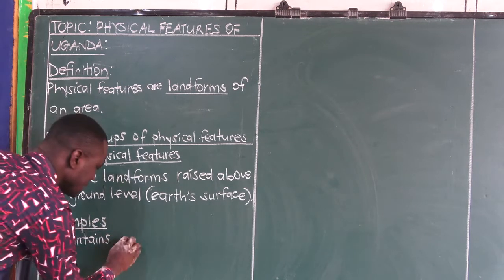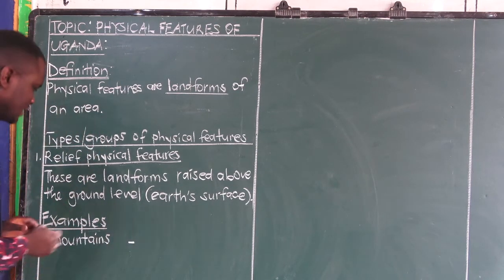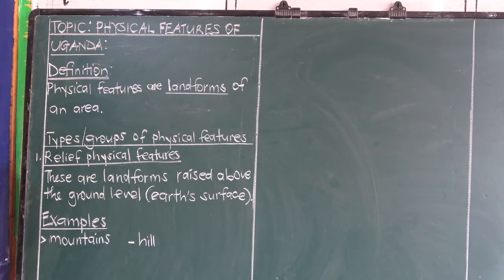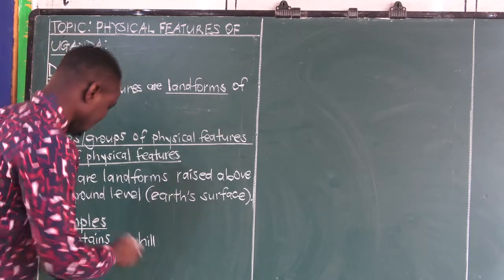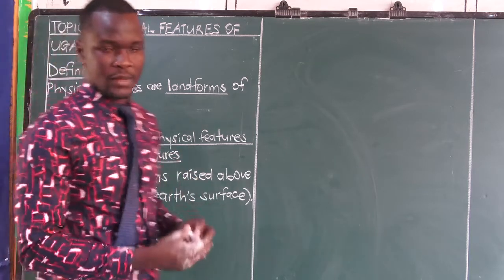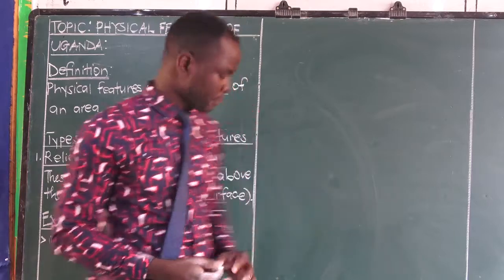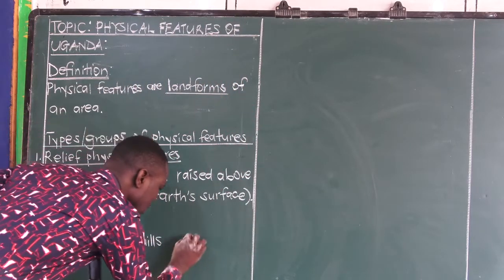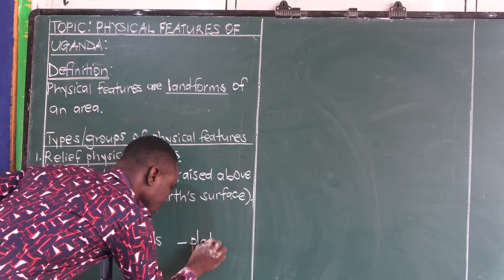The other example of a relief physical feature is a hill. So that is also the second one, hill. In plural, we shall now look at hills, meaning we are now talking about many of them. Apart from hills, we also have others. We have what we call plateau.